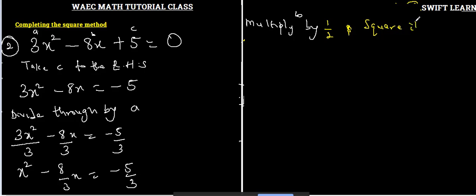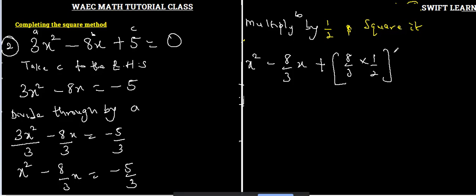What do I mean? I have x squared minus 8 over 3x, you add plus 8 over 3 times 1 over 2 all squared, equals minus 5 over 3 plus 8 over 3 times 1 over 2 all squared. If you notice, I only picked it without the negative sign. That's what you should notice.